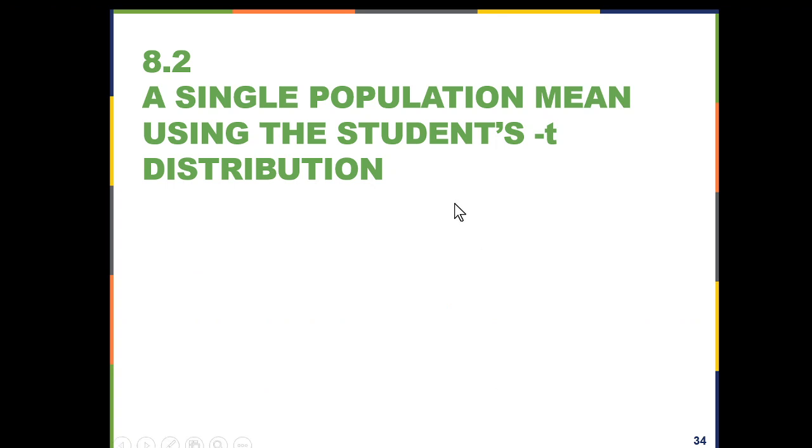So now what happens if the population standard deviation is not given, that means it is unknown, then we're going to have to use a different distribution. So for this section, I'm going to create a second part of this video and do it then.